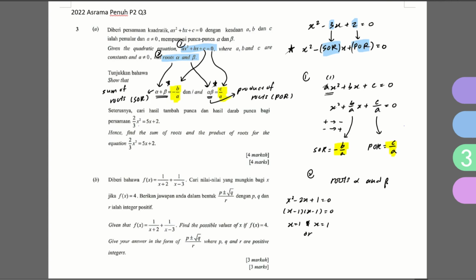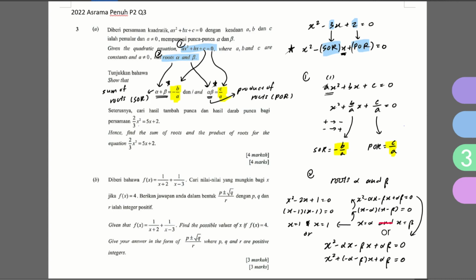Looking at the second information, which is the roots alpha and beta, now we need to form an equation first to get the SOR and POR. In this case, we are at the stage where x equals alpha and x equals beta. So now we need to work back to the front. To find our SOR, we need to combine all the values with x first. Also, when pulling out the SOR, we need to make sure there is a negative outside.